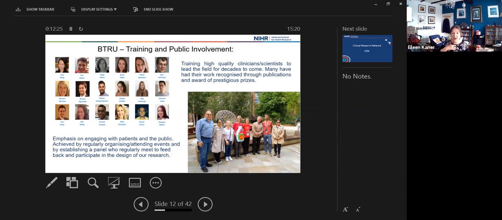It arranges a number of events and reaches out so that members of the public can understand what it does and why it does it, and why it's really important to build public trust around the issues of transplantation. And like the ARC, the BTRU is also involved in trying to train clinicians and scientists to do transplant activity and the research around it, to build this pipeline for the future.